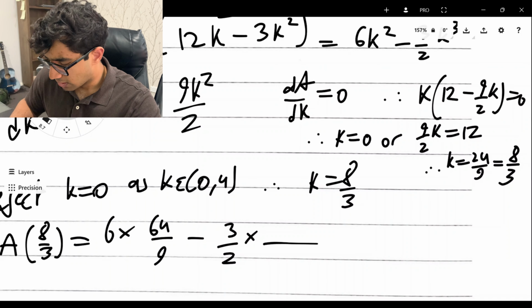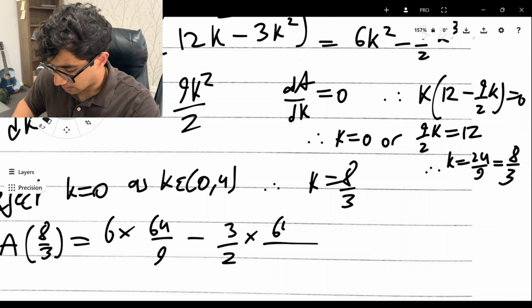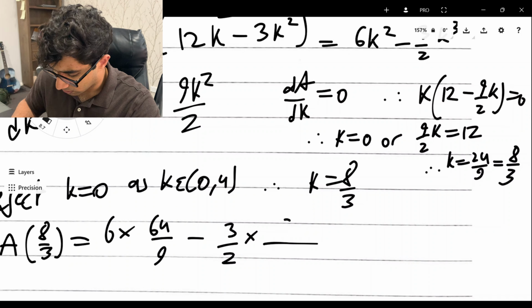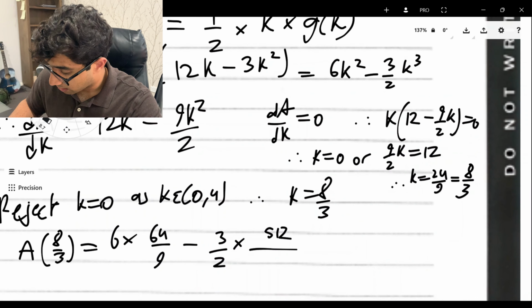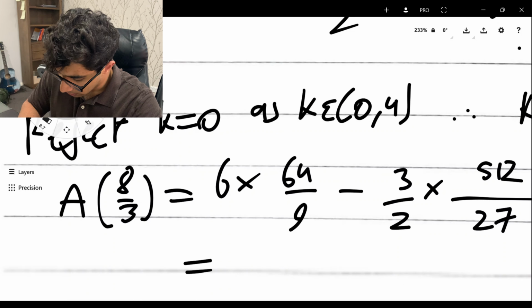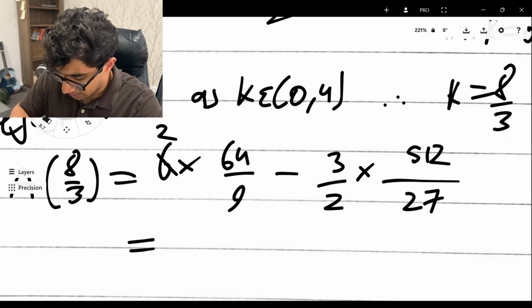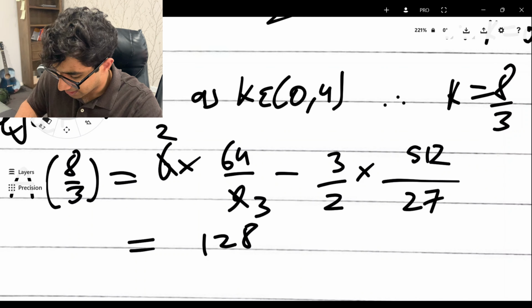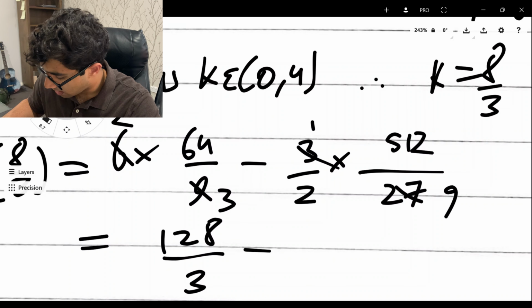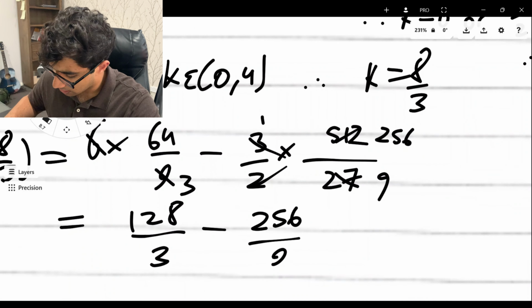So 8 cubed is 64 times 8, which is 480 plus 32, so 512, divided by 3 cubed, which is 27. We can simplify this out as well. So you get 128 over 3, subtracting 256 over 9.